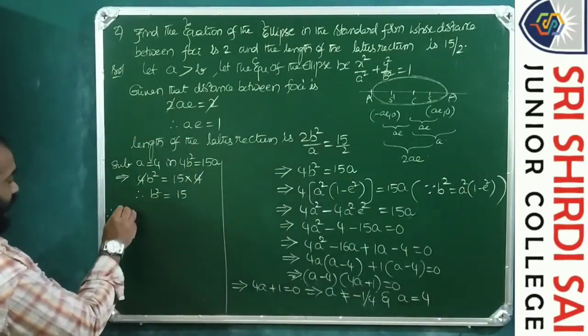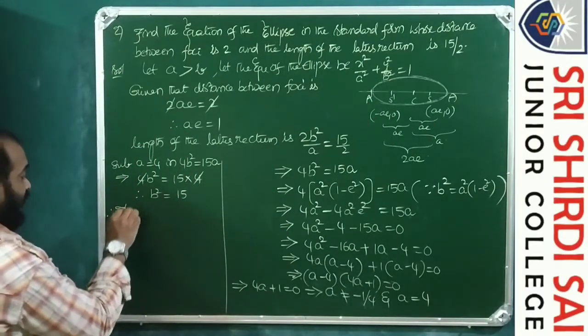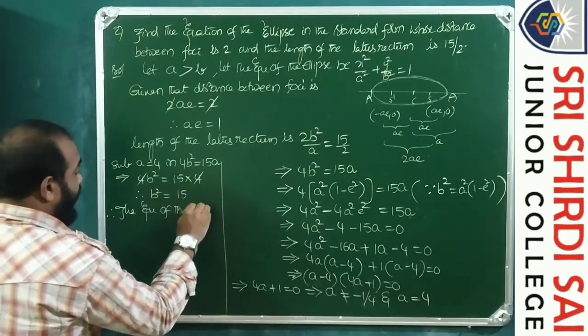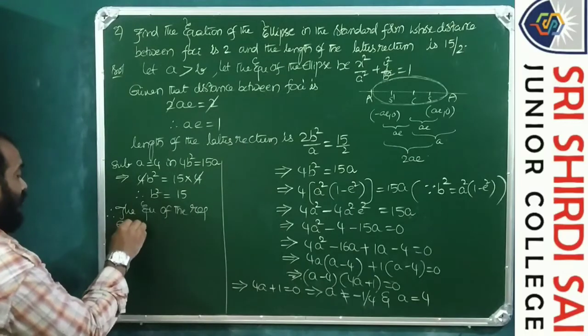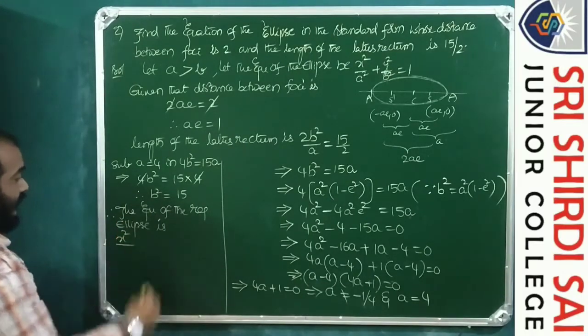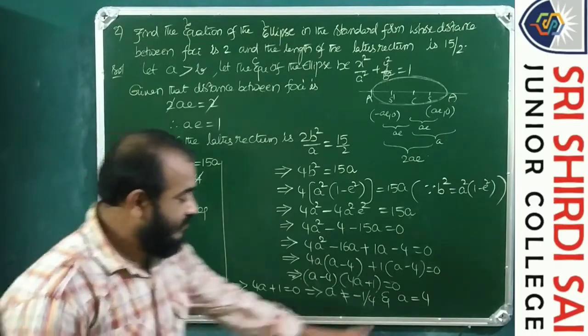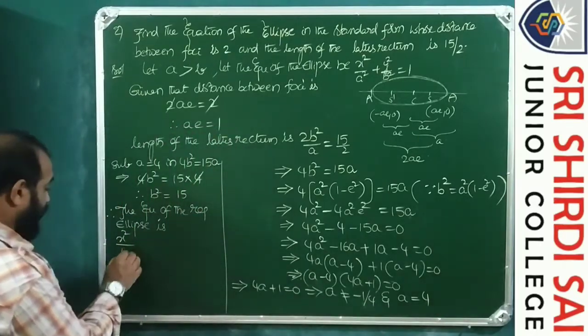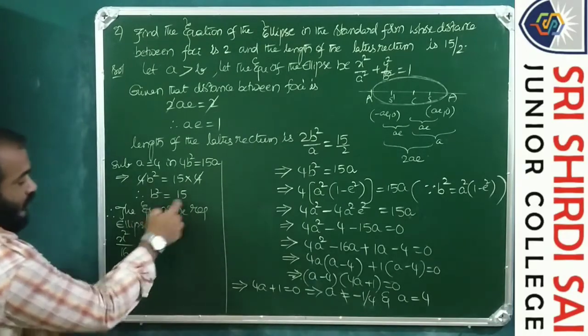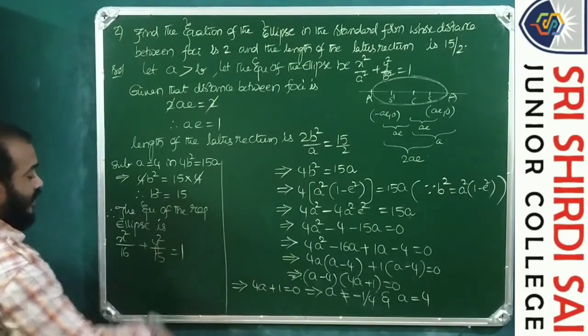Substitute. So therefore, the equation of the required ellipse is x square by the value of a square, a is 4, a square is 16, plus y square by b square, which is 15, equals 1.